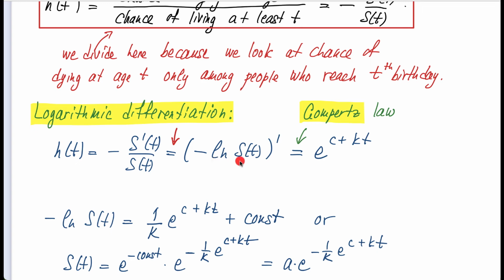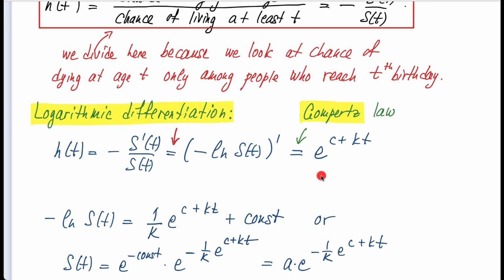Of course, we can easily guess this because the derivative of exponential is exponential. So here we need this exponential, but because of the chain rule, the factor k will come out, so we need to divide by k. And also we need to add some constant because the derivative of a constant is also 0. So in other words, what we did here is we found an antiderivative of this exponential, which is also called an indefinite integral, which we are going to study very soon.